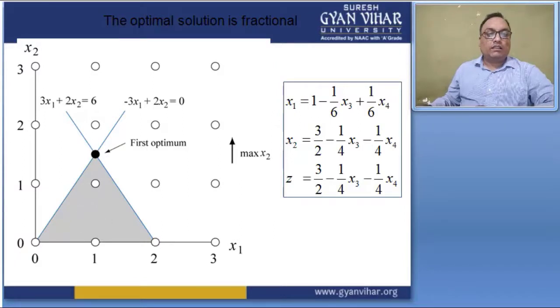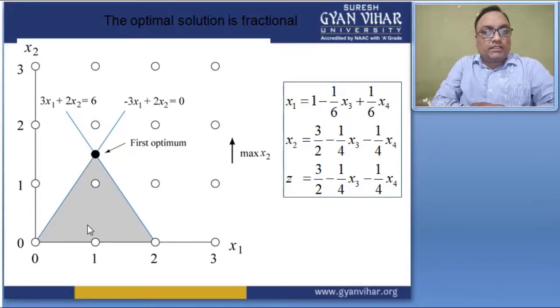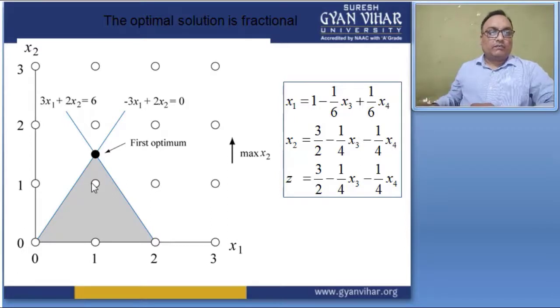This dark color region shows the feasible region of the problem, meaning all types of optimal cases are in between this region. So this is the first optimal condition, and for this we find the values of x and y.